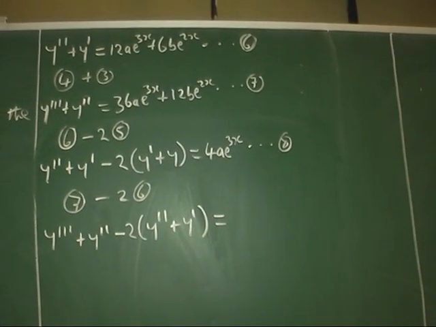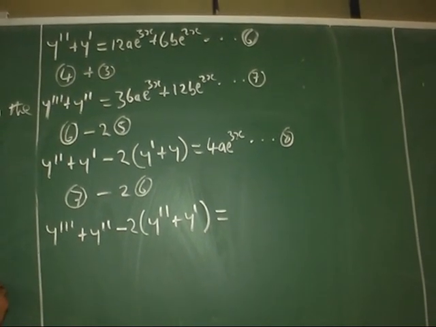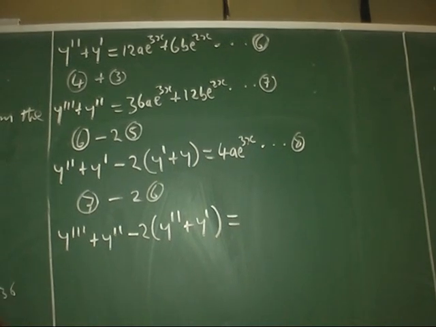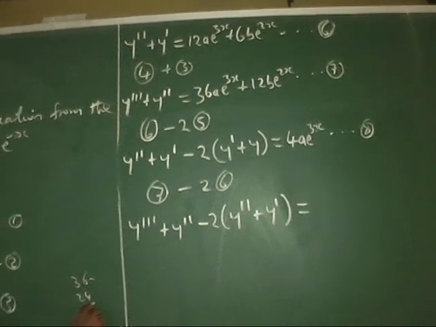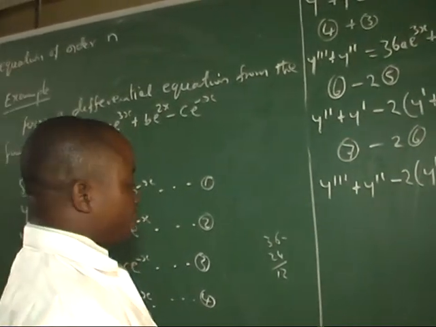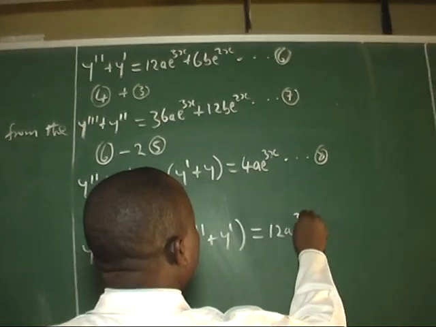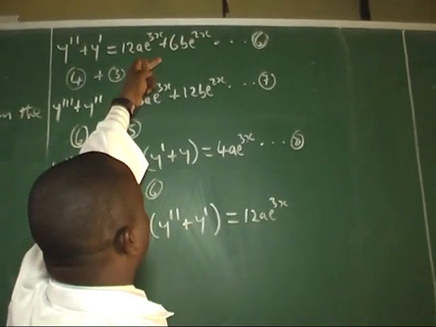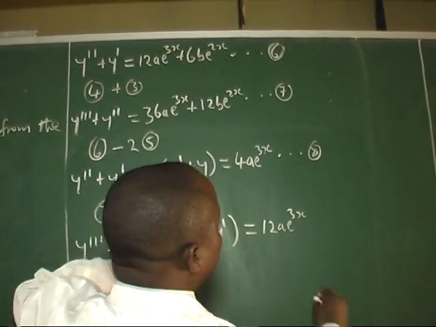That is 36 minus 24, and that will give us 12. So we have 12a e^(3x). When 2 times here minus 2 times here, it will be 12. So that goes that way.